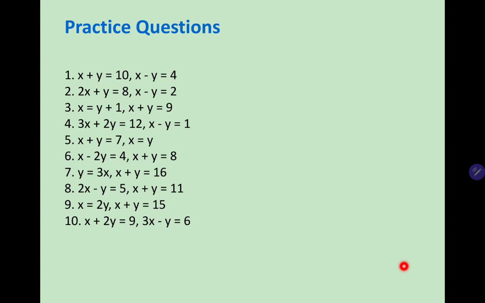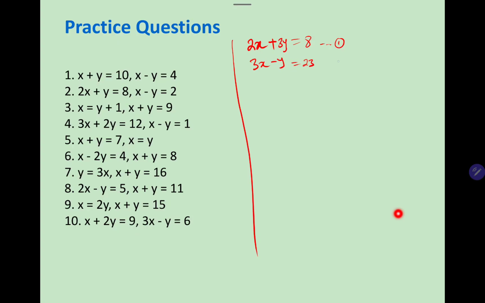So, for instance, if you are given an equation like this, 2x plus 3y is equals to 8 as equation 1, and equation 2 is 3x minus y is equals to 23. Okay, if you are told to solve this using elimination method, use elimination.